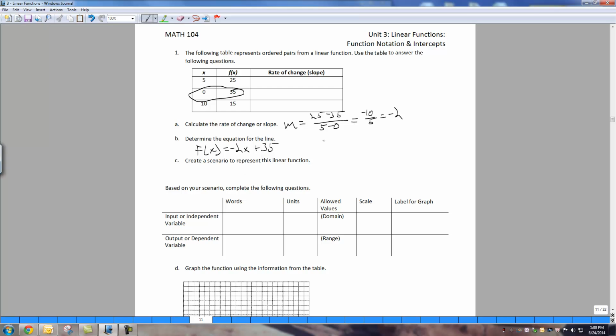Create a scenario to represent this linear function. So you could say you start with $35, and a soda costs $2.